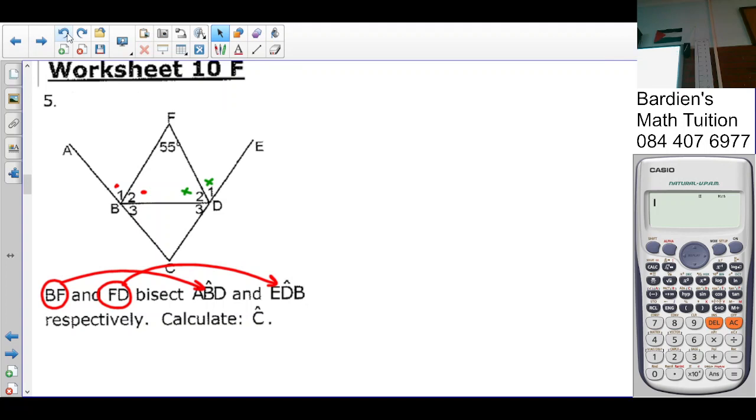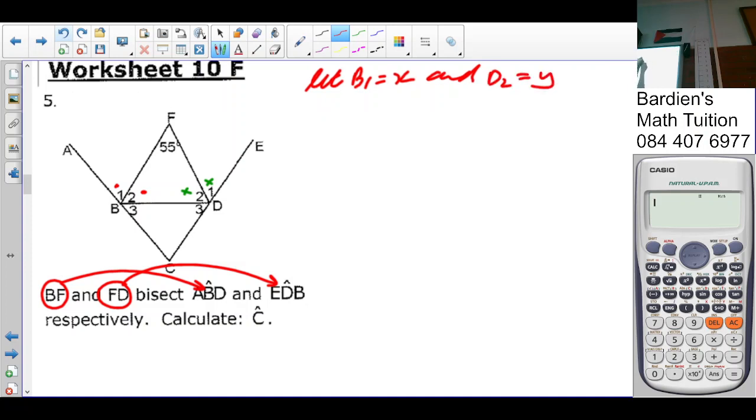Interior angles of a triangle. So let's label the diagonals. Let B1 equal X and D2 equal Y. Okay, so if that is the case, then here's an X and an X. So B2 is equal to X. Why?